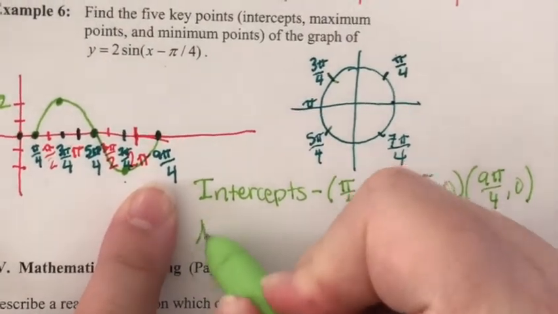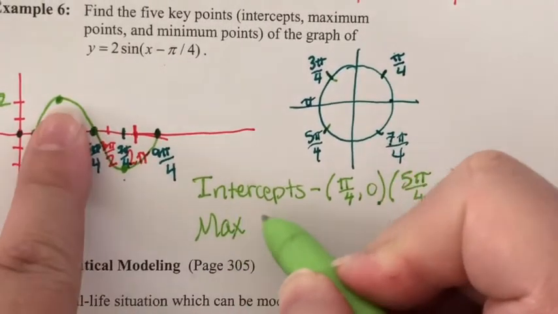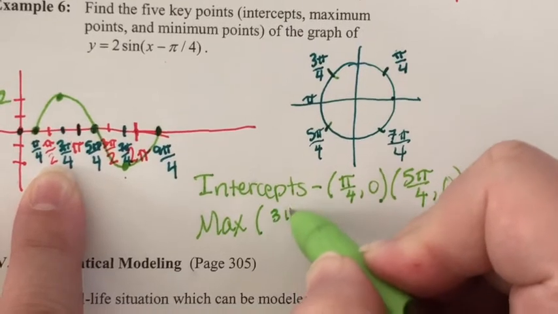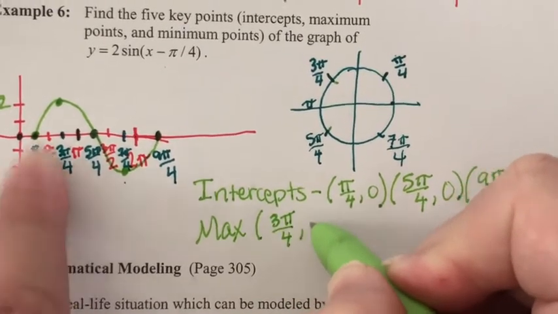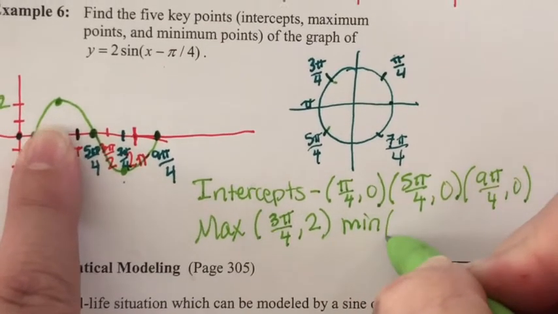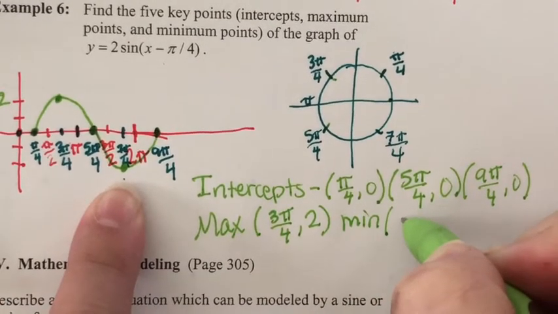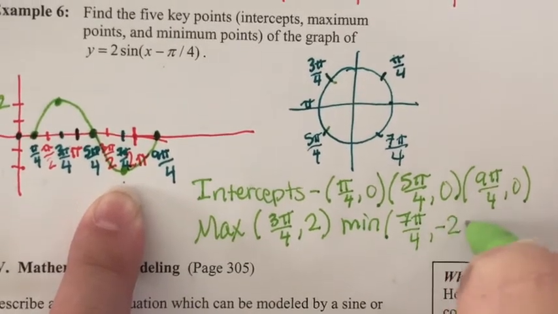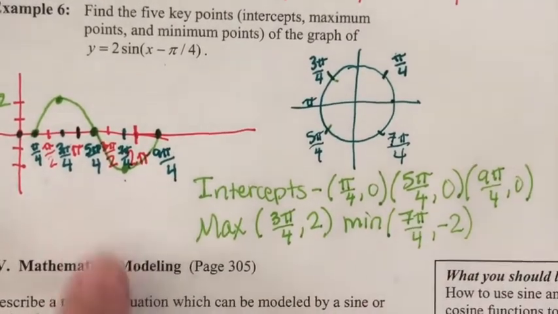Then we have our max up here at 3 pi fourths, 2, positive 2, and our min is at 7 pi fourths, negative 2. So those are our 5 points.